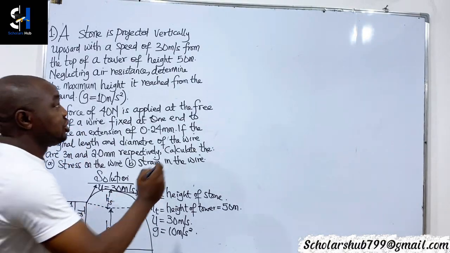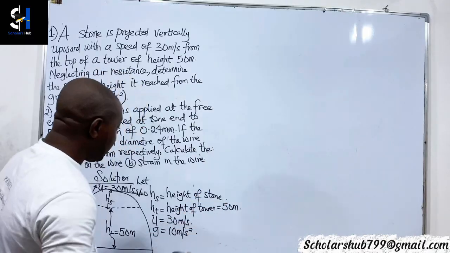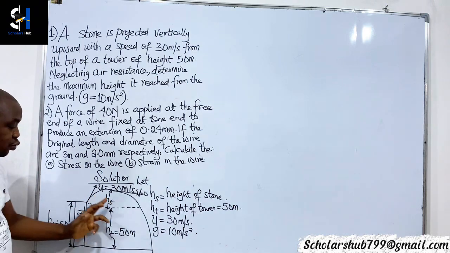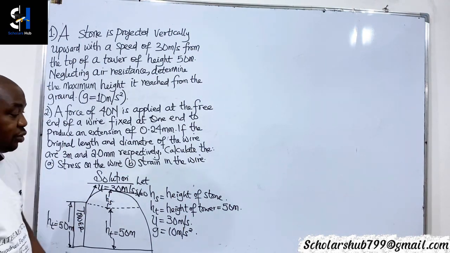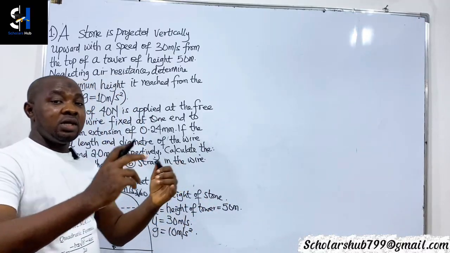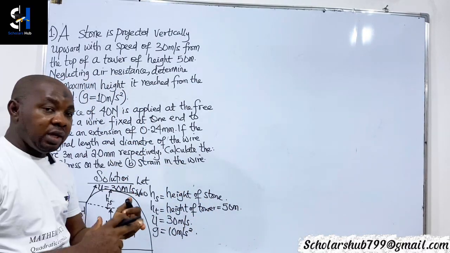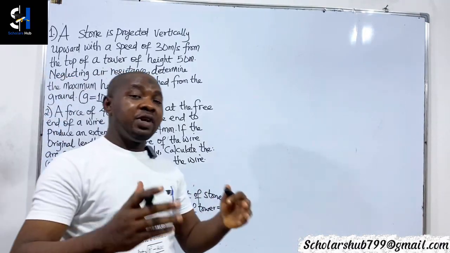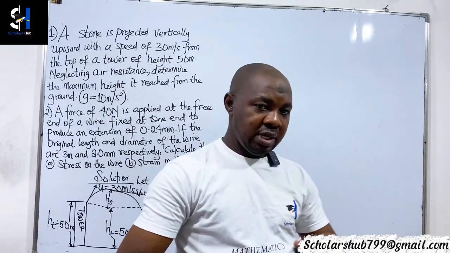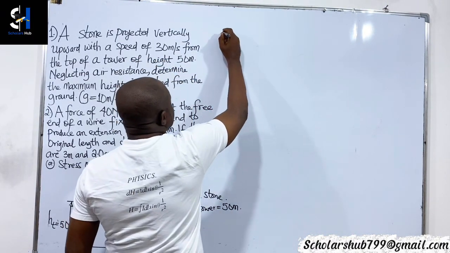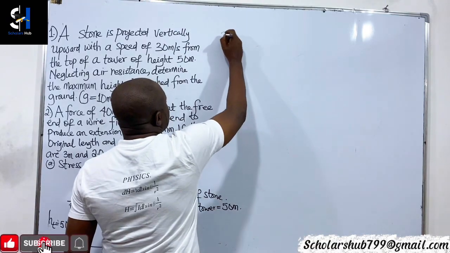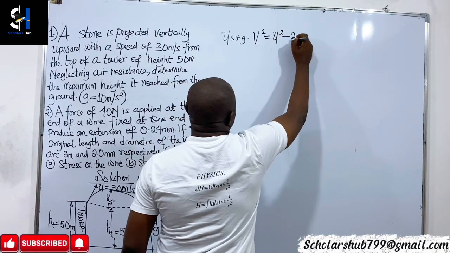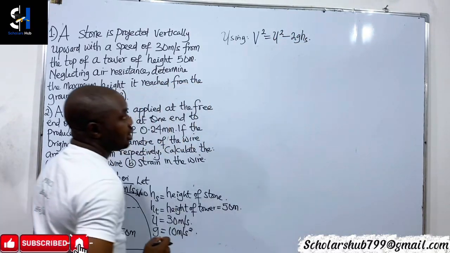When v equals 0, we are going to use one of the equations of kinematics. Here we have h subscript s, the height, and we know the value of u and the acceleration due to gravity. So we use the equation connecting initial and final velocity, the height of the stone and acceleration due to gravity. Let's not forget that for vertical upward motion, the value of g will be negative. So we use the formula v squared equals u squared minus 2 g h subscript s, where h subscript s is the height of the stone.